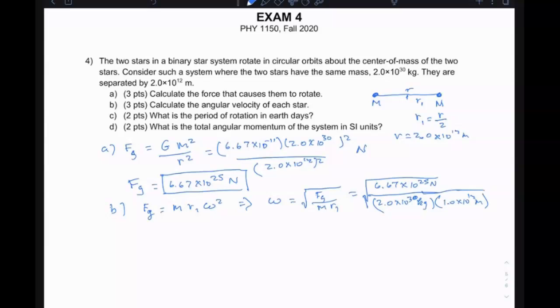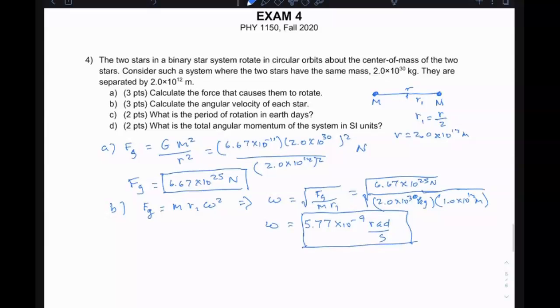And when you perform that calculation, you get a result 5.77 times 10 to the minus 9 radians per second. So that's part B.